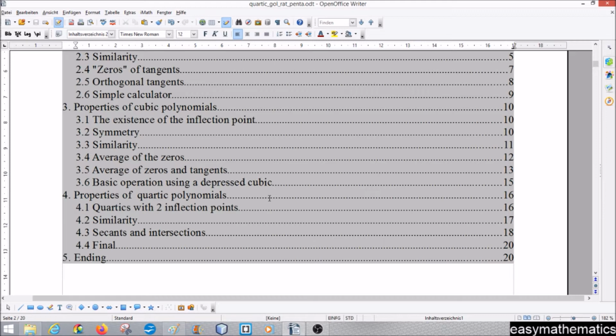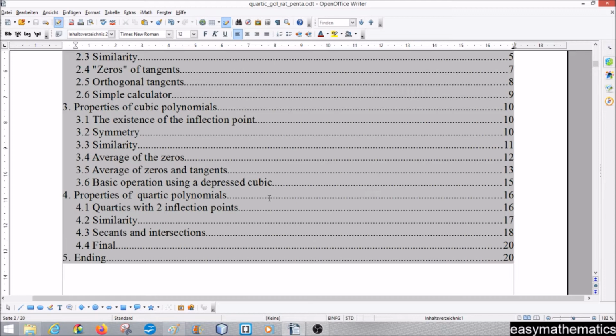in the last point for the cubic polynomials, we discuss how we can use the graph of a cubic for basic operations like plus, minus, and so on. The last point is the quartic polynomial.